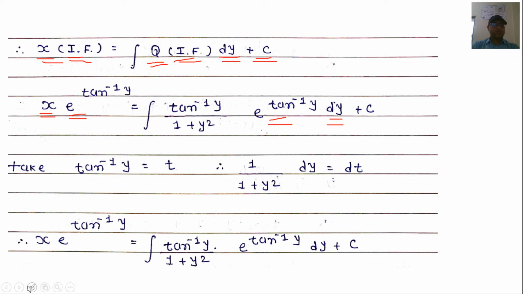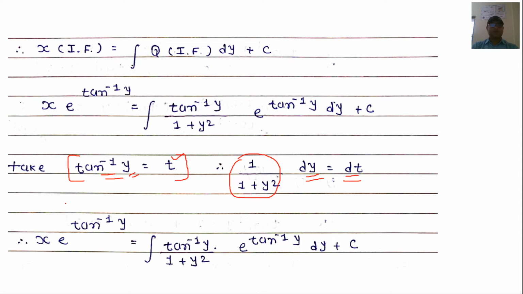To evaluate the integration on the right hand side, first take tan inverse y is equal to t. Now differentiate both sides: the differentiation of tan inverse y is 1 upon 1 plus y square, by chain rule times dy, and the differentiation of t is dt.